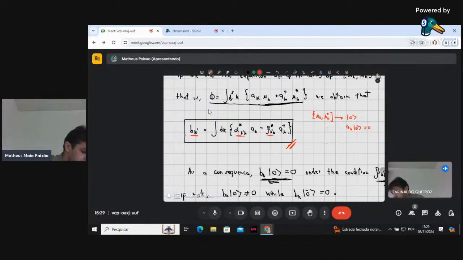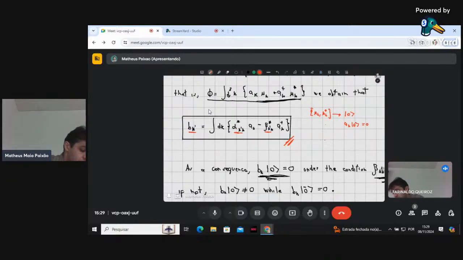So if I apply this coefficient B here of this expansion on this vacuum, we're going to see that this coefficient A here is going to annihilate this vacuum, but the second coefficient is not going to annihilate the vacuum, because A dagger acting on 0 just returns the state of one particle.